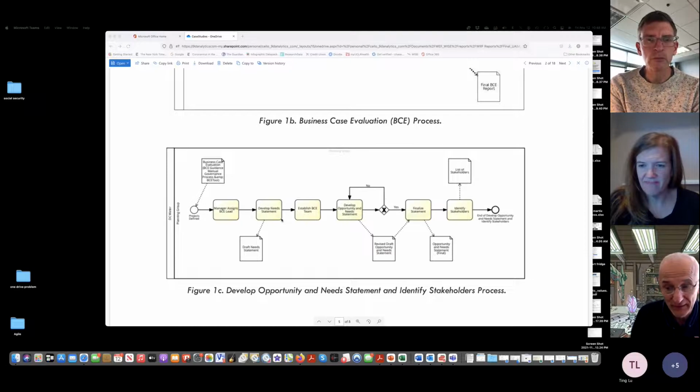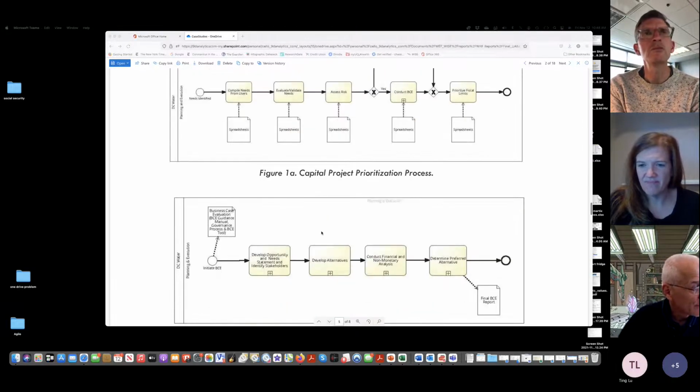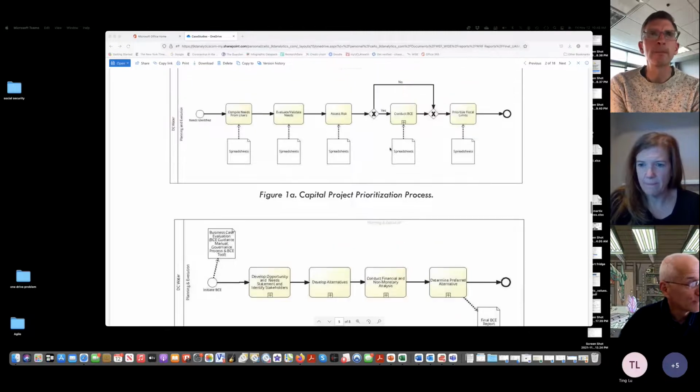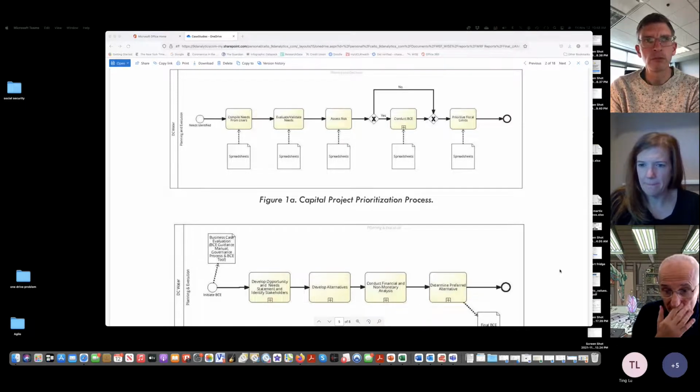So it would be very nice if we could have this kind of hierarchical structure, and then people could take on different parts. This conduct business case evaluation is a small part of the CIP planning part. So DC Water focused on that, and we could look at these different things.